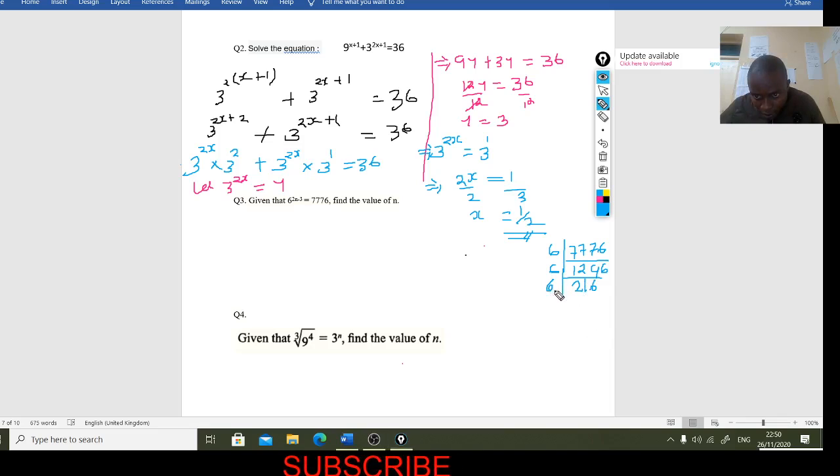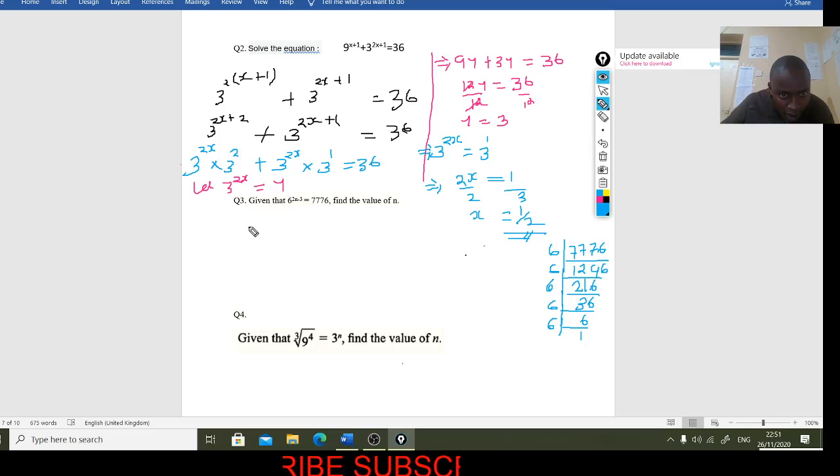If still I divide by 6, what do I get? 216 divided by 6 is 36. And if I divide by 6, I get 6. If I divide further by 6, I get 1. Now I'm done. So that means I have 1, 2, 3, 4, 5. So 6 power of 5 will give you this.